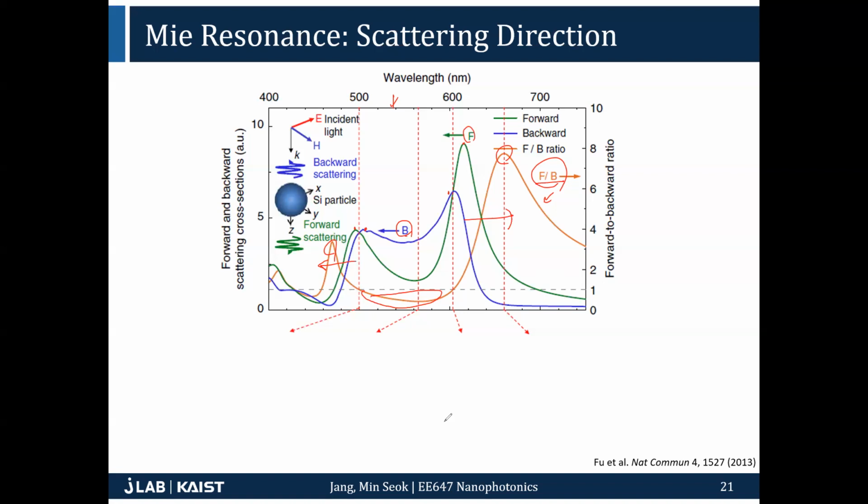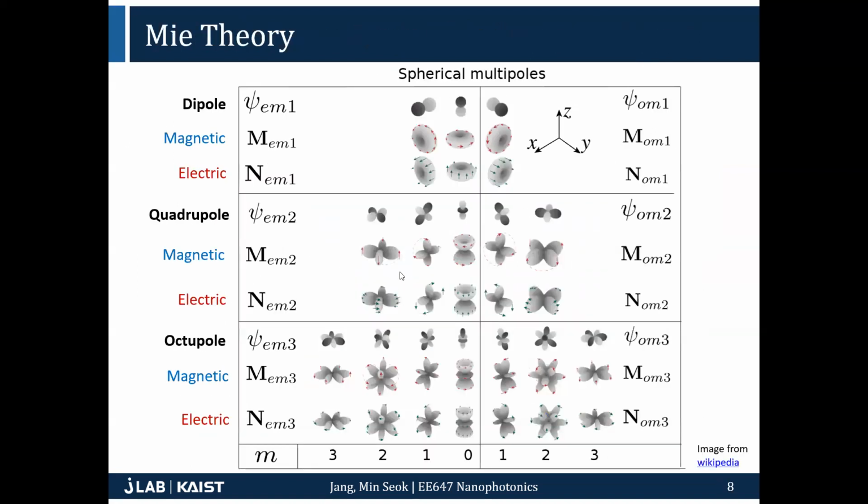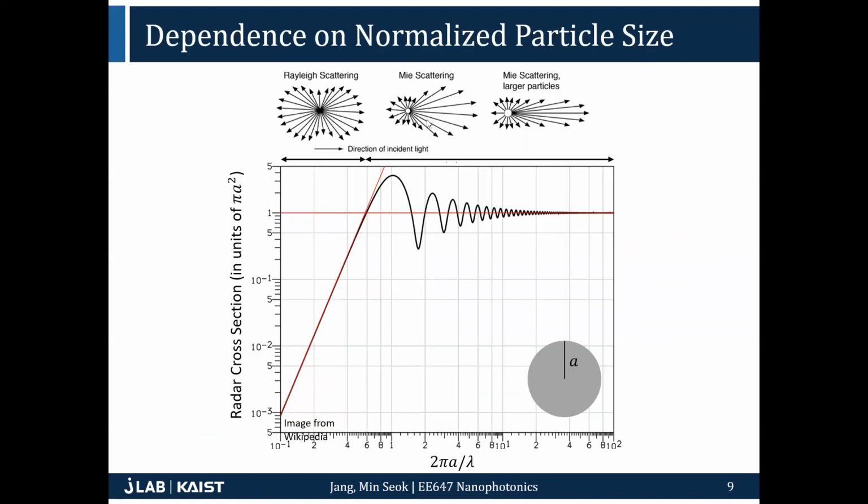As I said earlier, a long time ago, when we had this simple scattering picture, it seemed that in the Rayleigh regime, forward and backward scattering are always isotropic. And then as your particle size becomes larger and larger, your scattering keeps going toward forward, right?